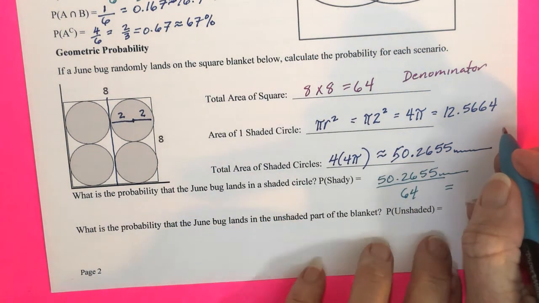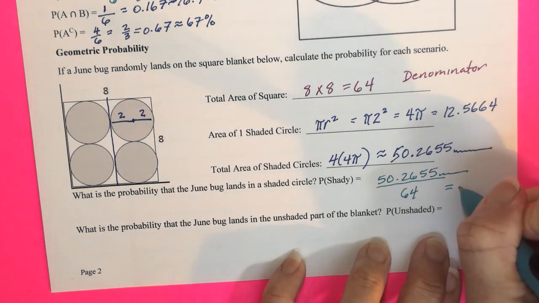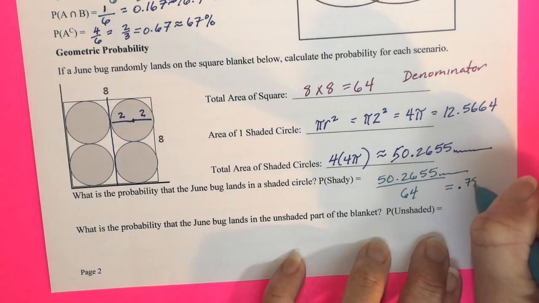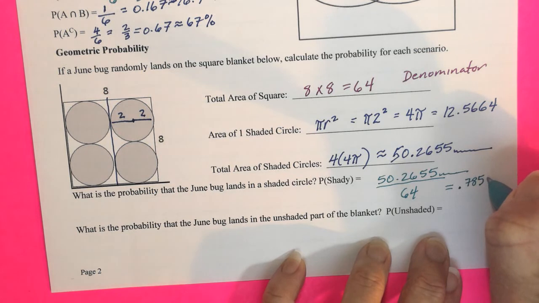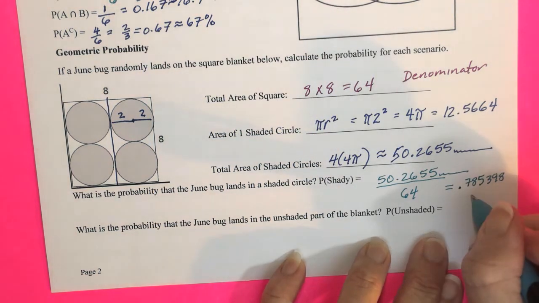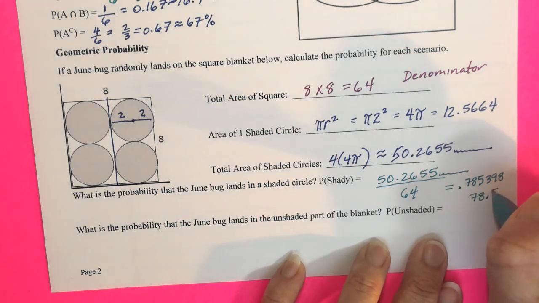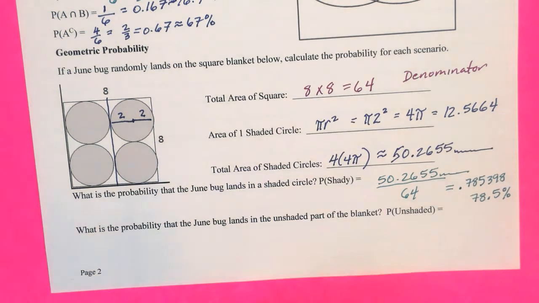And my answer is 0.785398. That's my decimal. Then when I multiply by 100, I get 78.5%.